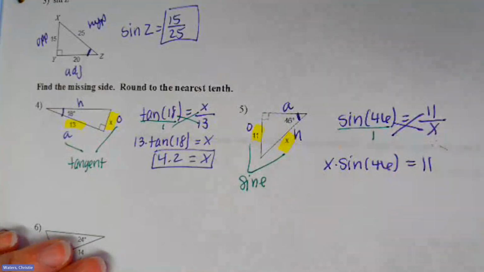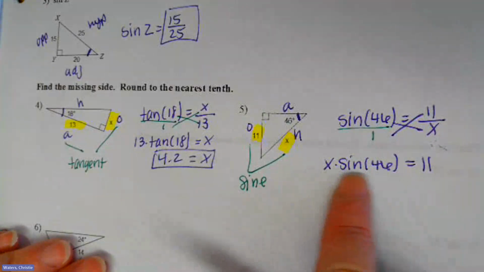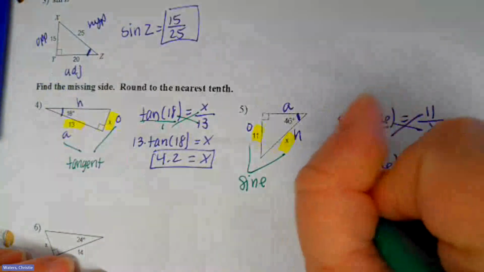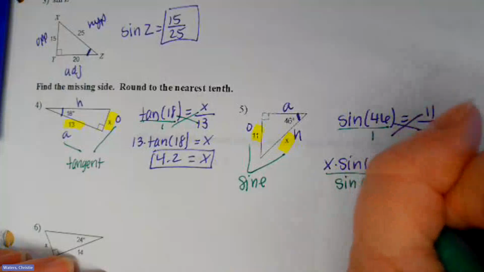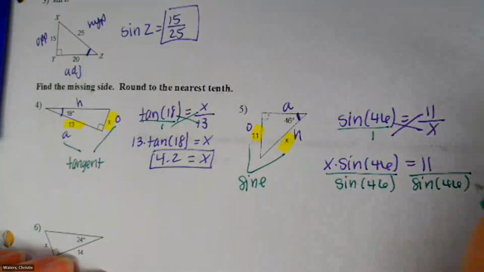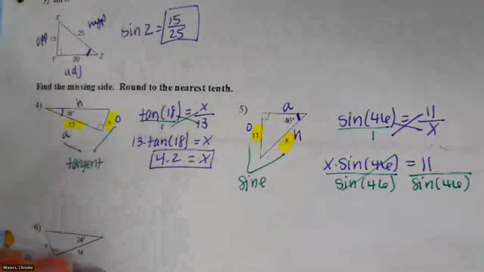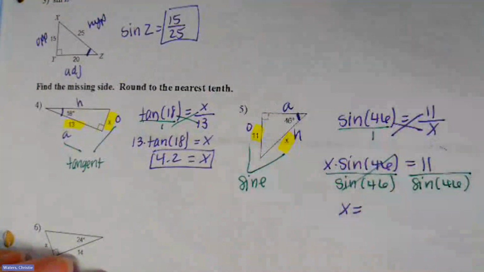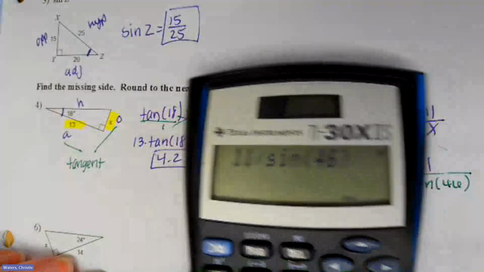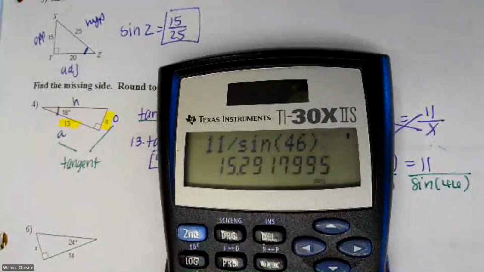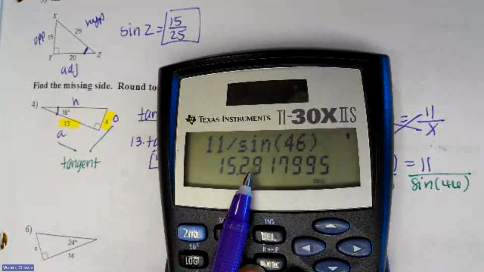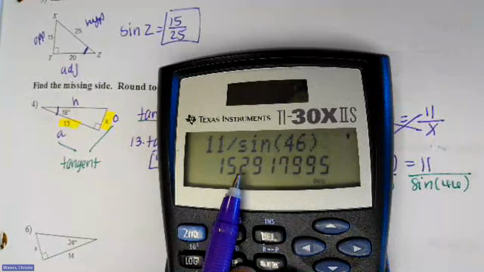So that's just 11. We are going to divide both sides by the sine of 46 so that we can get that x by itself. So 11 divided by the sine of 46 looks just like that. And we get 15.29. They want us to round to the tenths place. This 9 bumps this 2 up to a 3. So I'm going to write 15.3.